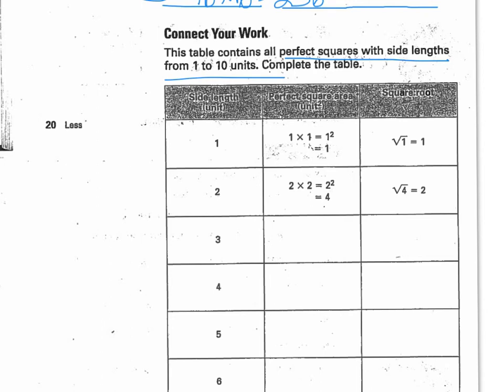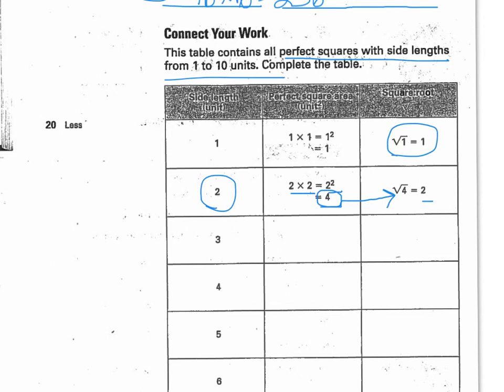The square root of 1 is 1. If our side lengths are 2, we're going to multiply 2 times 2, which is 2 to the power of 2, is 4. This 4 goes under the square root sign, and the answer is 2.